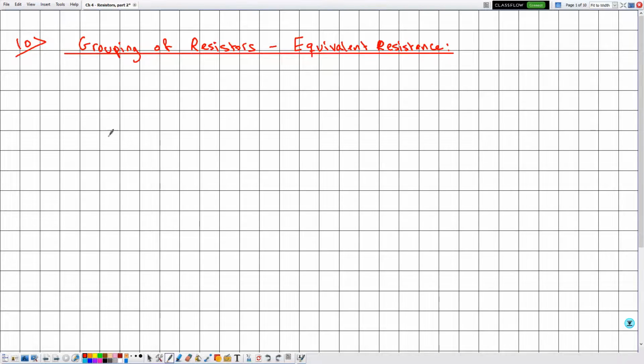Then let me start with some definitions or notions. Let me say that the equivalent resistor of a grouping is the resistor that has the same resistance as that of the grouping.